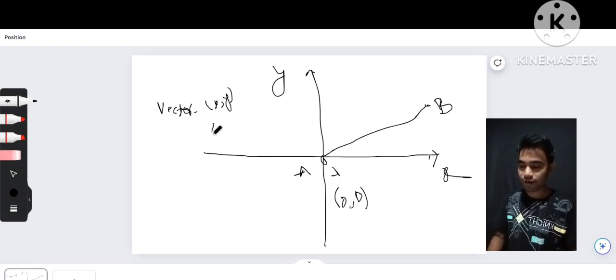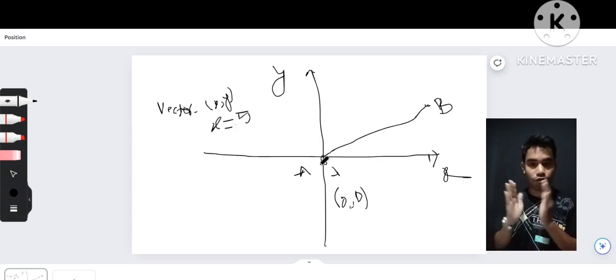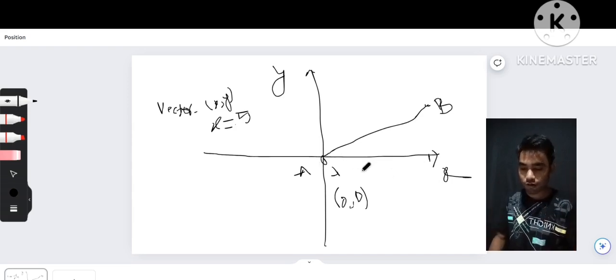So the x over here will be 5. We move this length along the x-axis, which is 5.